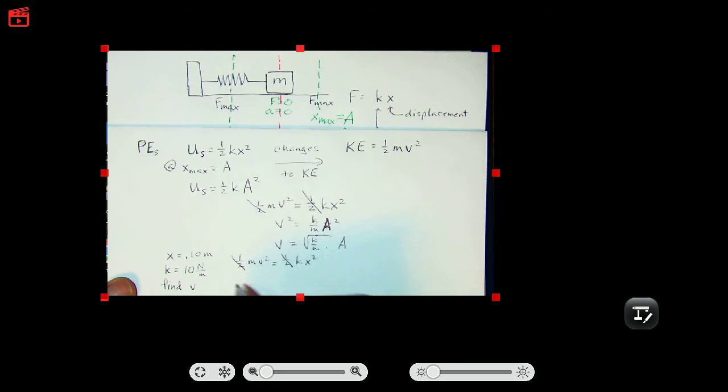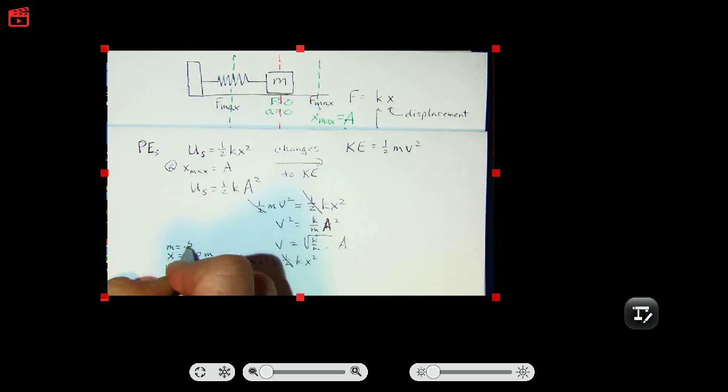The 1/2s cancel out. I guess I need to provide some more information. I need the mass, so let me just make the mass 1/2 kilogram.